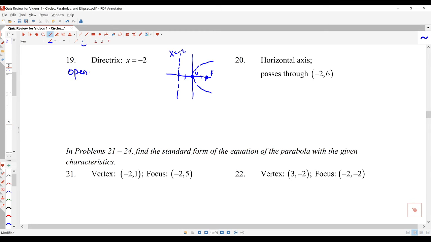This opens right, and P is going to be +2, the distance from the vertex to the focus. So therefore, we're looking at y squared equals 4 times P times x. So y squared equals 8x.